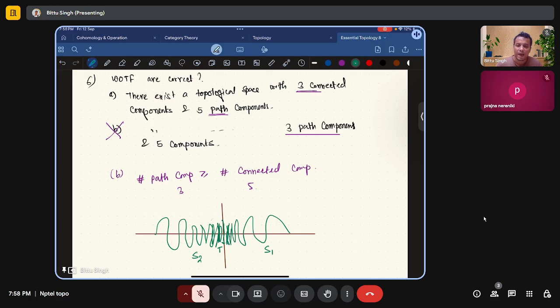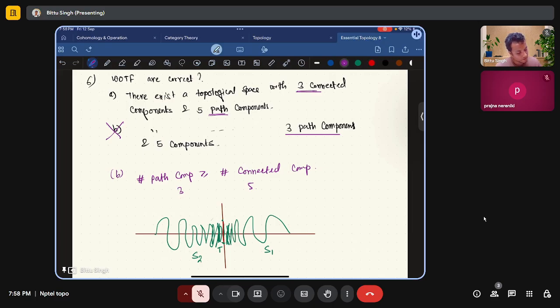Now can you add 2 extra path components? Just add anything like this. So this is one component, and this is T, and those are S1, S2.